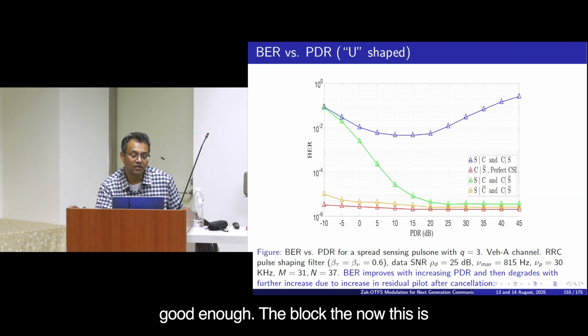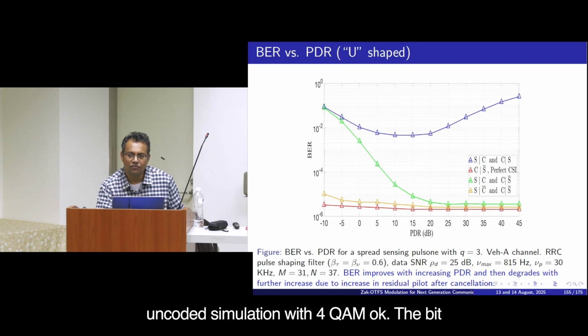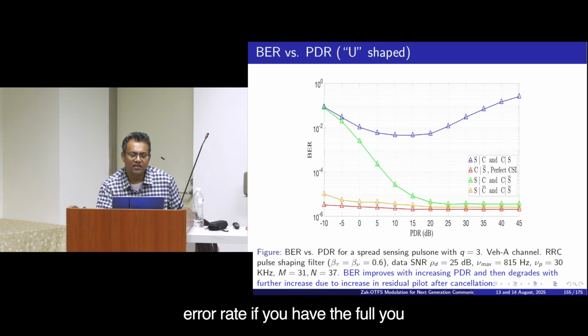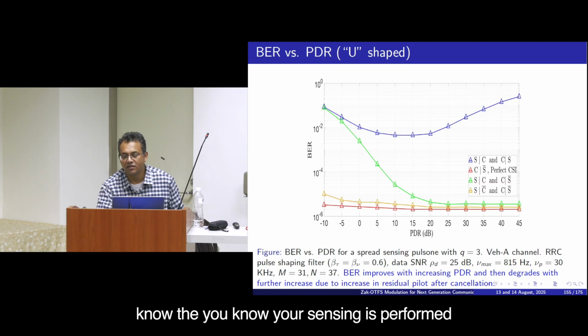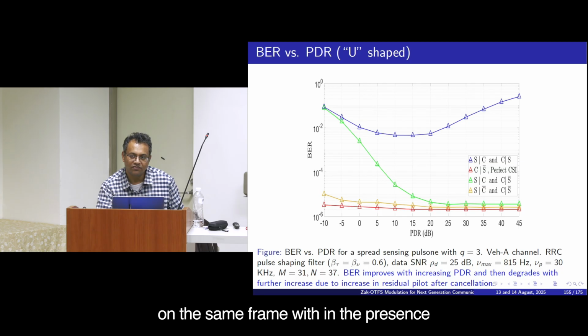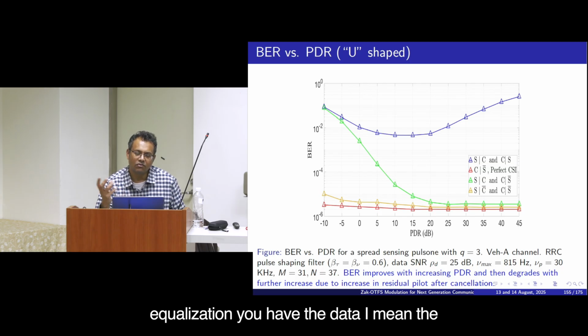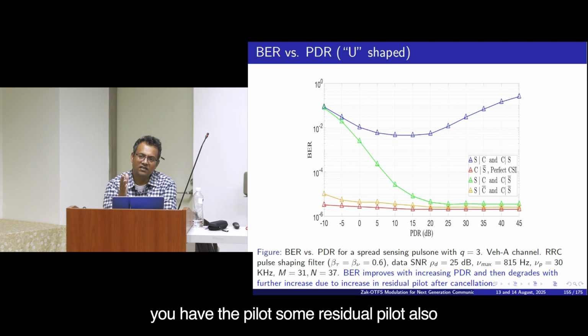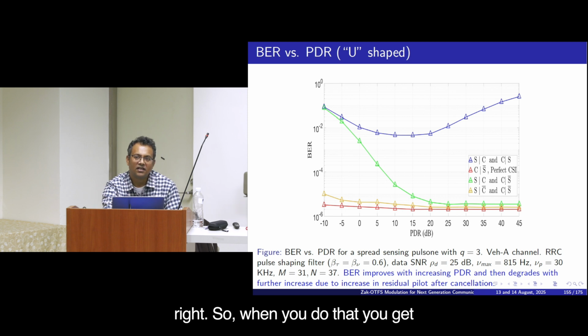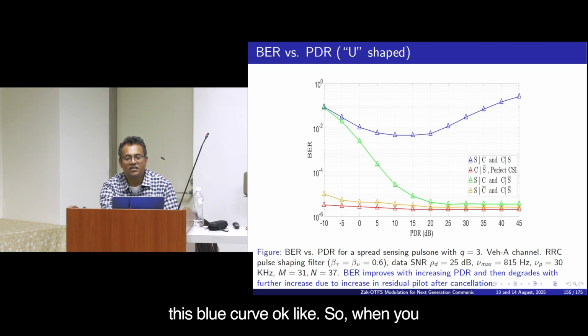Now this is uncoded simulation with 4 QAM, okay. The bit error rate: your sensing is performed on the same frame in the presence of data, and also when you do the equalization, you have some residual pilot also, right. So, when you do that, you get this blue curve.